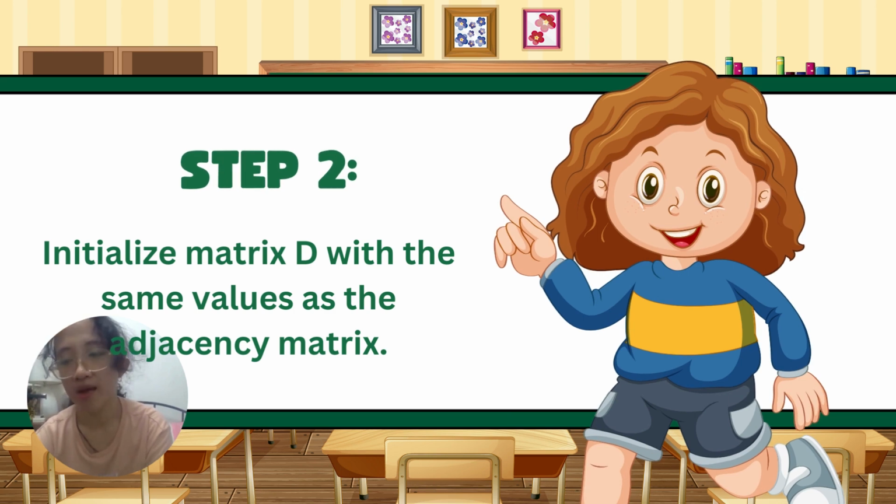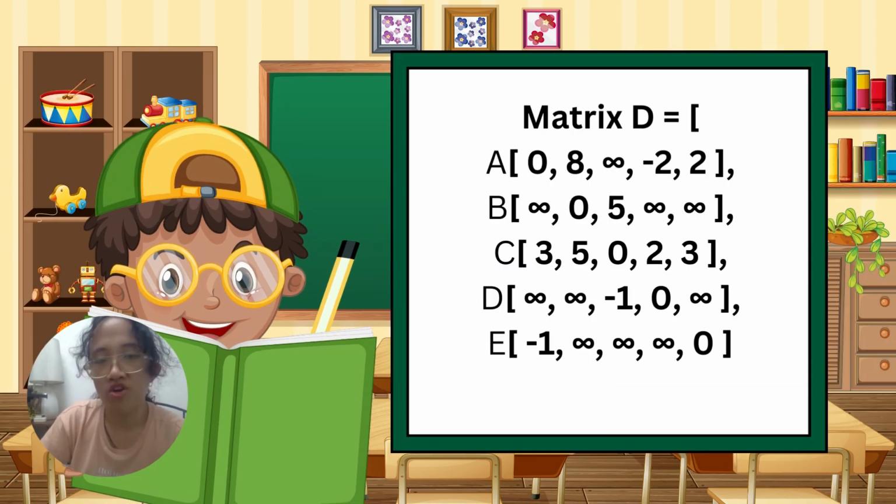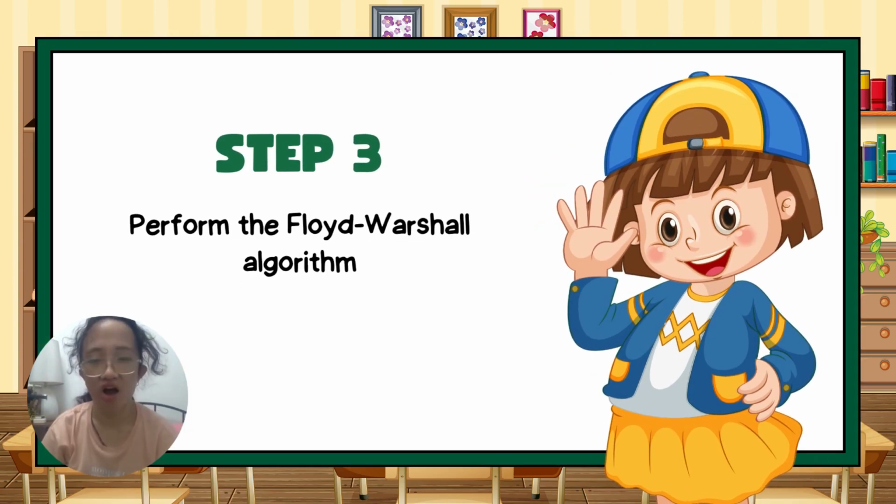Now, let us apply the Floyd Warshall algorithm to find the shortest path between all pairs of vertices. And for our step 2, we need to initialize matrix D with the same values as the adjacency matrix. So here's our matrix D. And now for our step 3, we need to perform the Floyd Warshall algorithm.